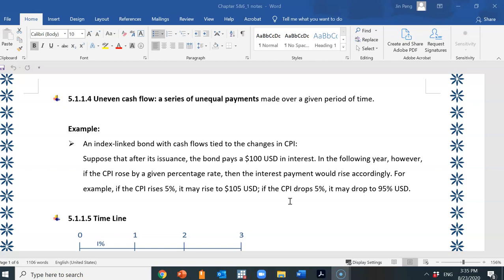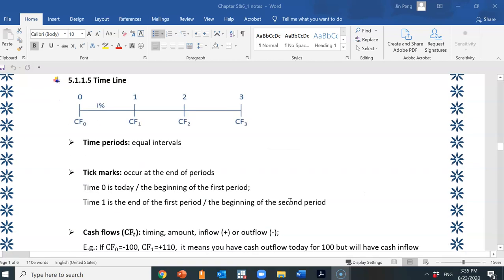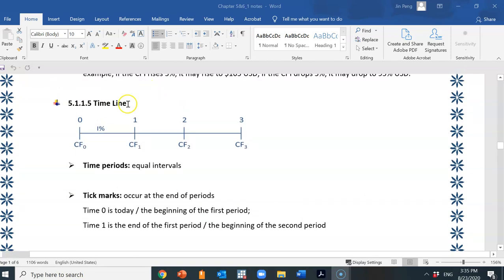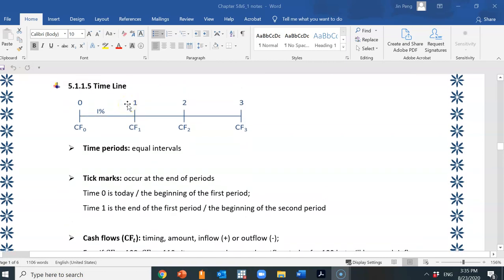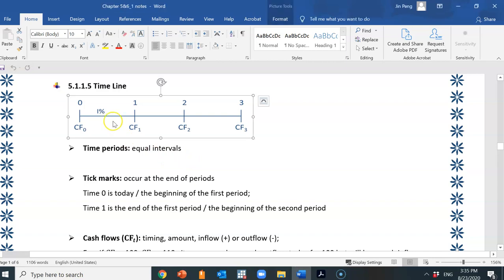In order to show these cash flows graphically, we have a financial tool called a timeline to show the details of these cash flows. Okay, so here is an example of the timeline. We can see that here we have equal intervals for 1, 2, 3 time periods.